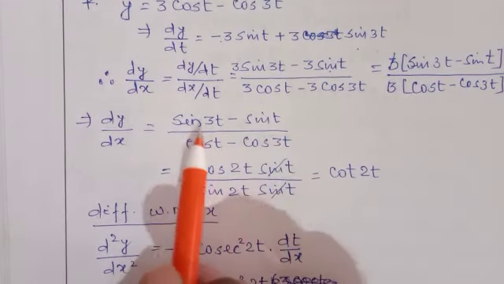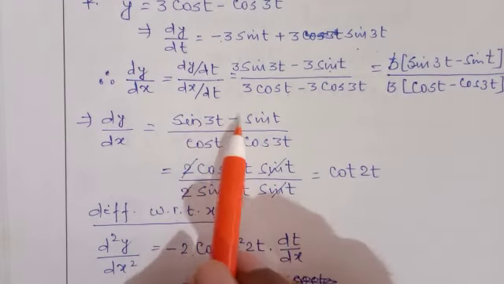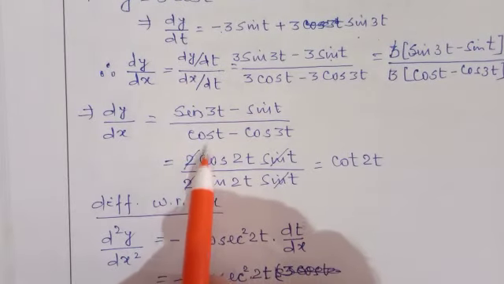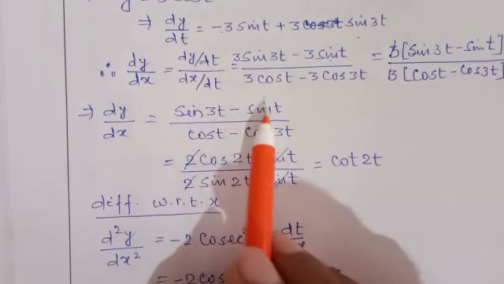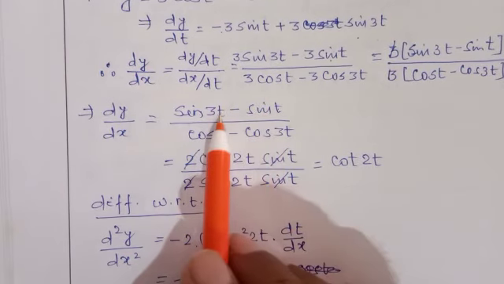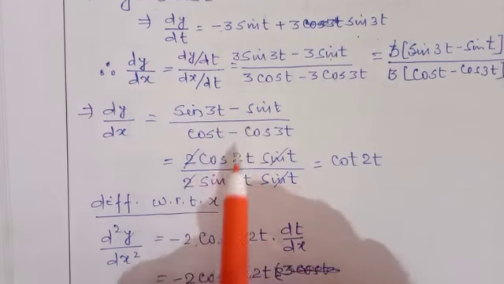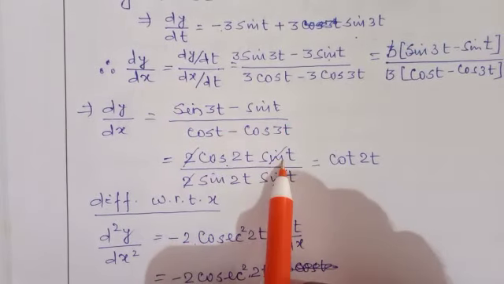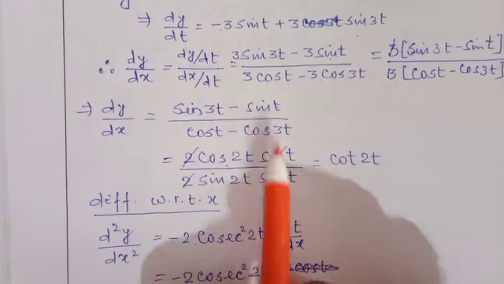Apply the formula sin C minus sin D, which is 2 cos of (C plus D) by 2, that is (3t plus t) by 2, which should be 4t by 2, which is 2t, into sin of (C minus D) by 2, 2t by 2, that is t. This formula you have already studied in class 11.